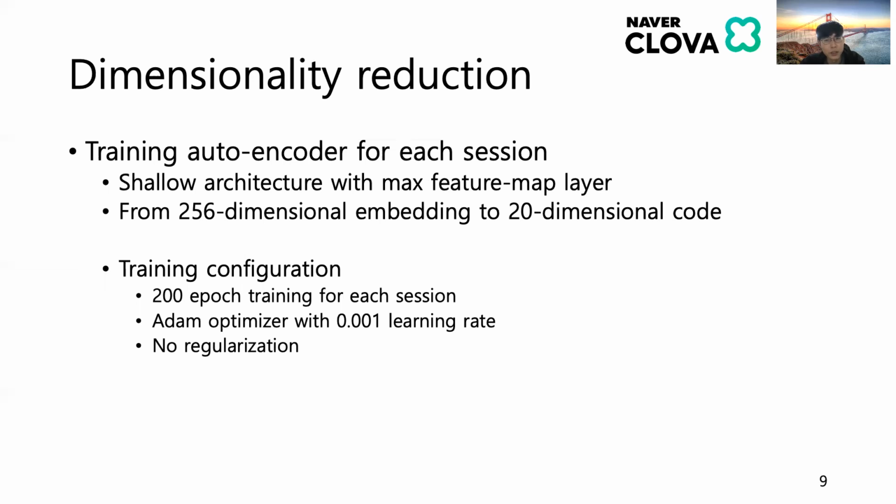For the encoder layer, we apply max feature map activation. Using the trained autoencoder, the 256-dimensional embedding vectors are replaced with a 20-dimensional enhanced representation, or code. Note that in dimensionality reduction, the autoencoder is designed to run reconstruction of only one session after random initialization.